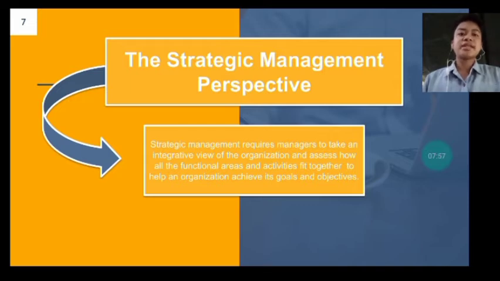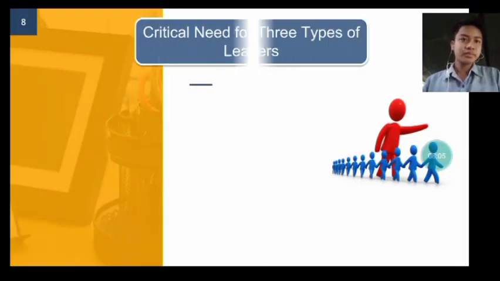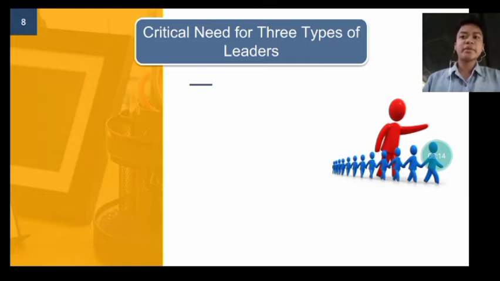So in a strategic management perspective, everyone must be involved in the strategic management process. Next one is the critical need for three types of leaders. So these are the three types of leaders that can help in the strategic management process of an organization.